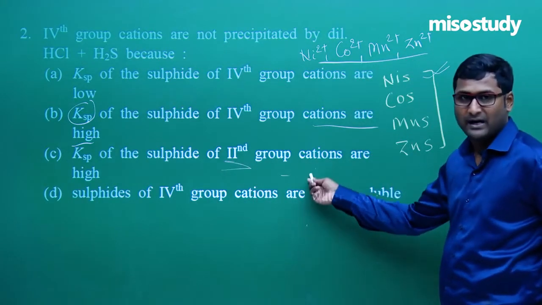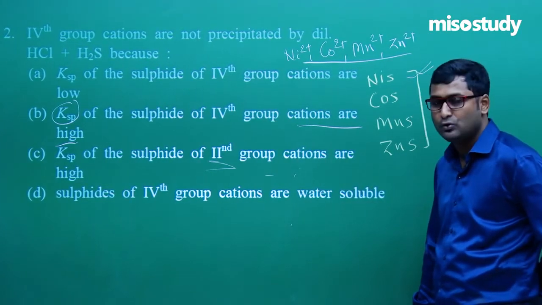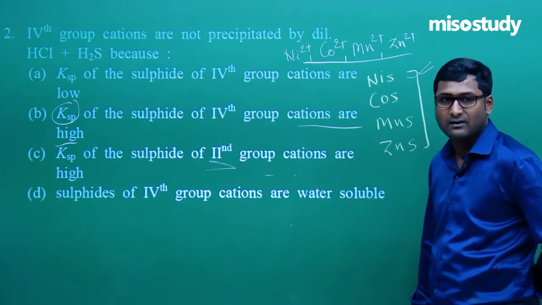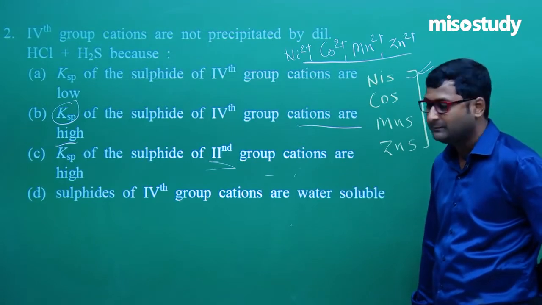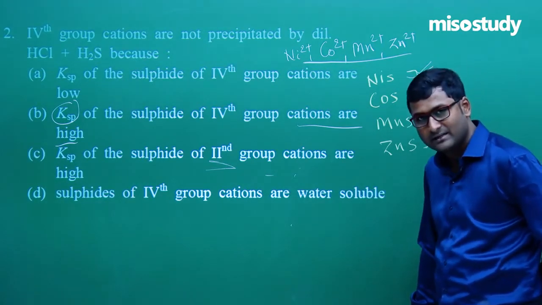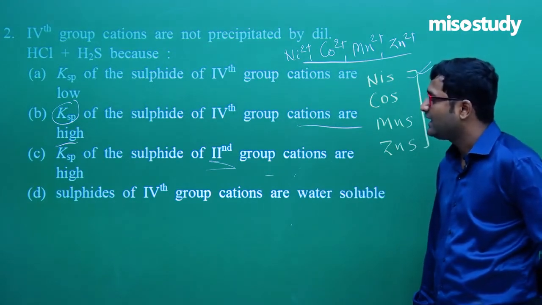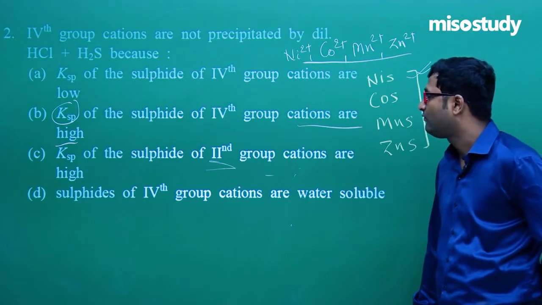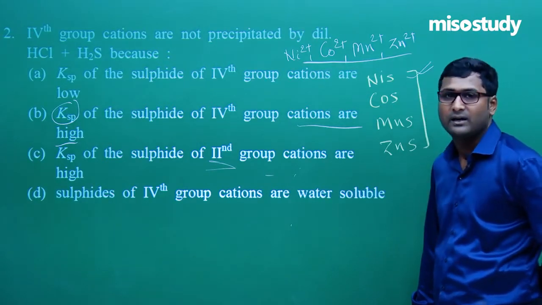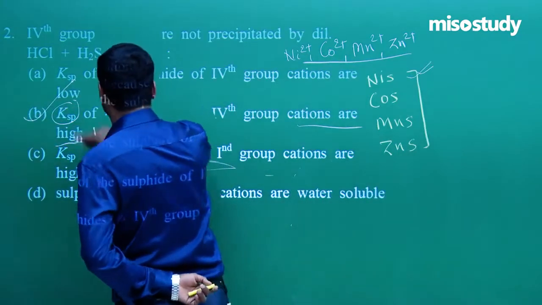That's why I compared groups 2 and 4, because group 2 radicals also form sulfides. Clear friends? So what is the correct option in this case? It's very simple. For question number 2, B is the correct option: Ksp of the sulfides of the fourth group cations are very high.